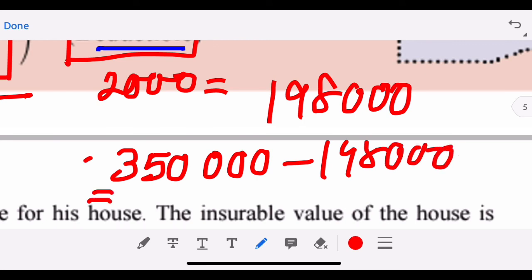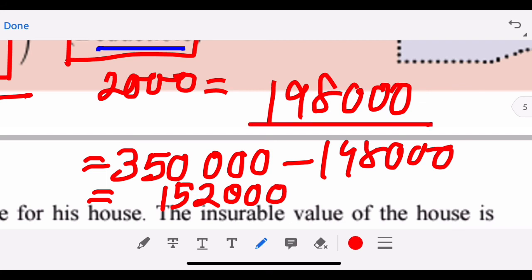So that means 350,000 we need to minus 198,000. If we calculate, it is 152,000. So it seems like 198,000 is more than the total loss of the house.